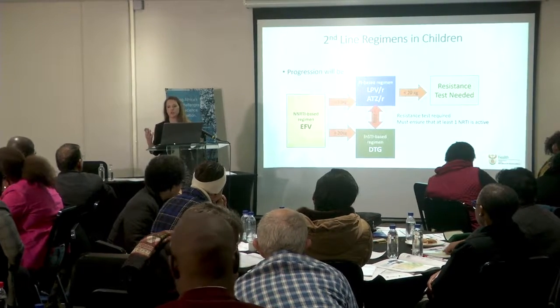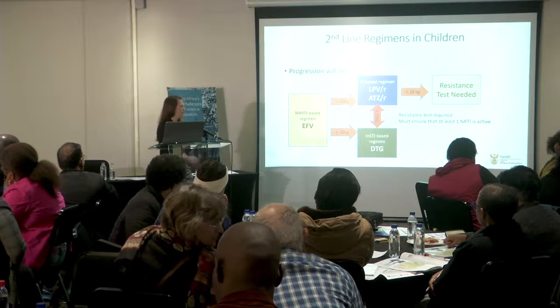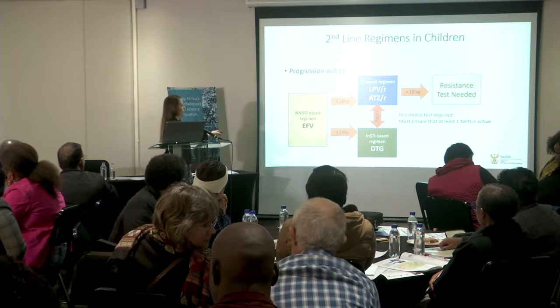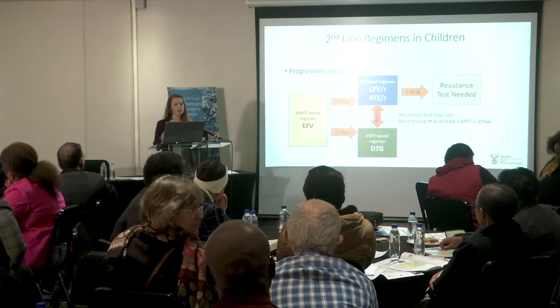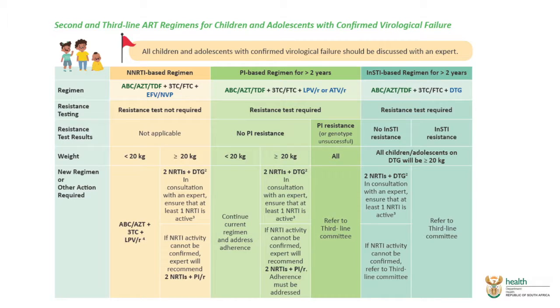If someone fails a PI, 3 high viral loads over a 2-year period, they get a resistance test. So that hasn't changed. It's just that, if you are considering changing to dolutegravir, you'd need a resistance test. So in children, the columns are the same, but it's a little bit more complicated.